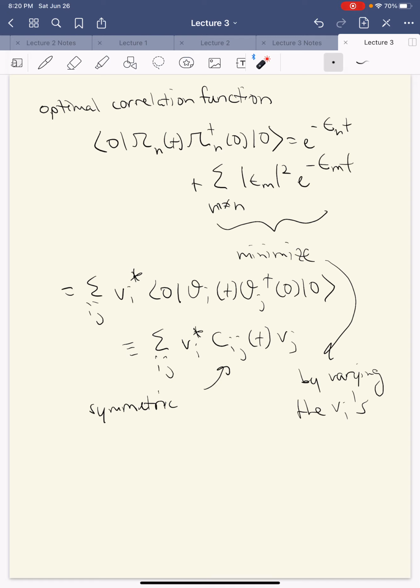And it's also positive because the diagonal entries here, when i equals j, are the square of an object, right? So the diagonal entries will be positive. The off-diagonal entries are symmetric, and so this matrix is positive definite.